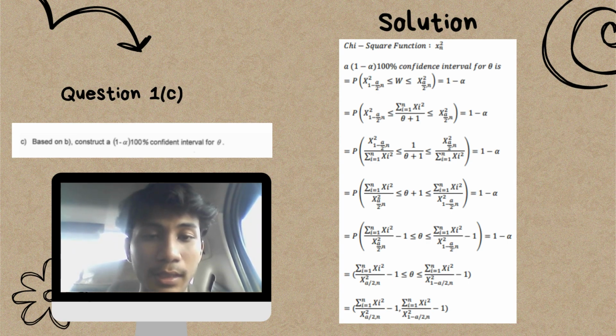And we will get the confidence interval equal to summation of x squared i over chi-square alpha over 2, n minus 1 less than theta less than summation of x squared i over chi-square 1 minus alpha over 2, n minus 1.